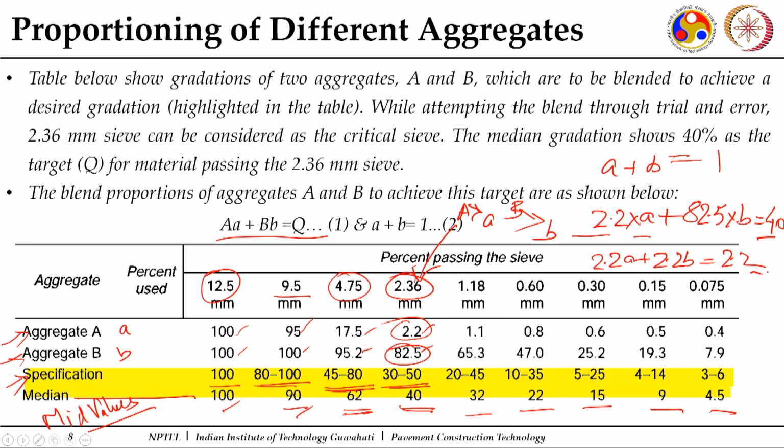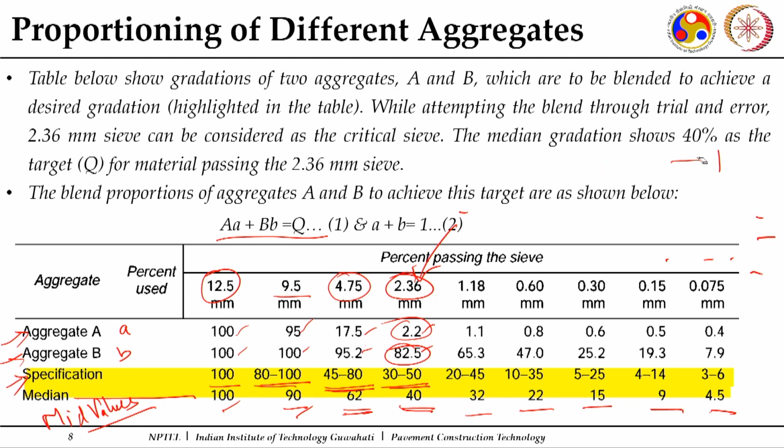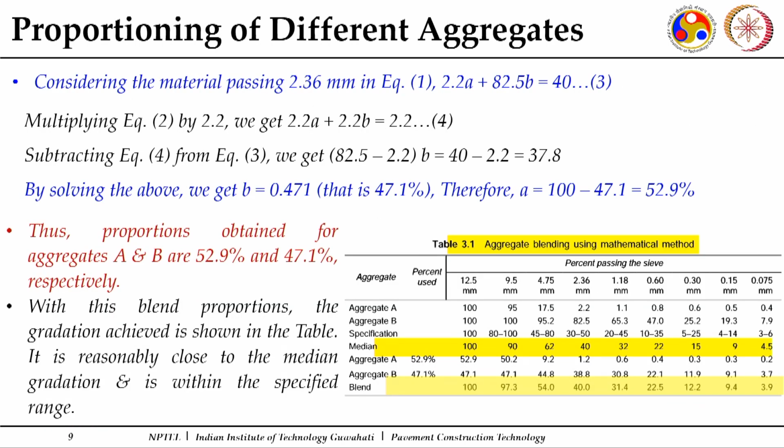If I simplify this particular one, I will show you on the next slide. So, here I just started with, the important thing is you need to work out what sieves you are trying to work out. Say here 2.2A plus 82.5B, as we have seen, this is for this one, this is for this one, and this is what your target was.